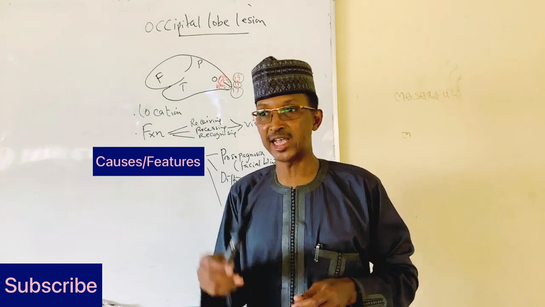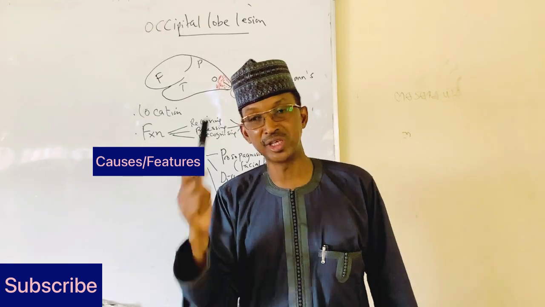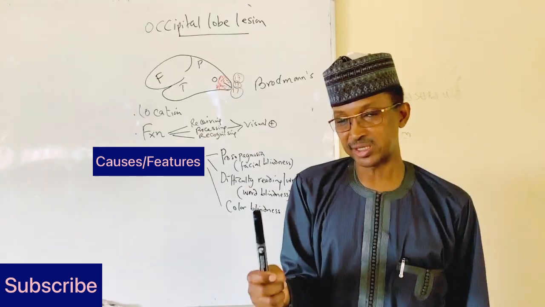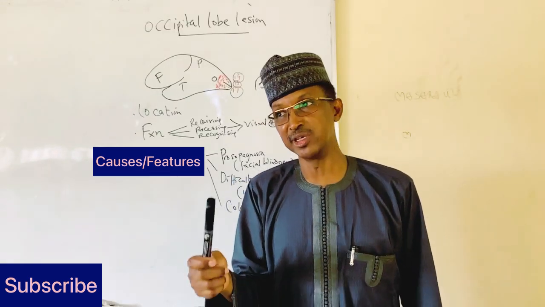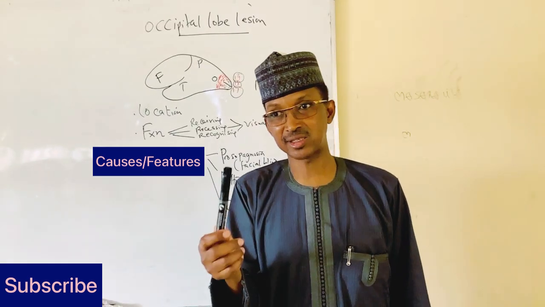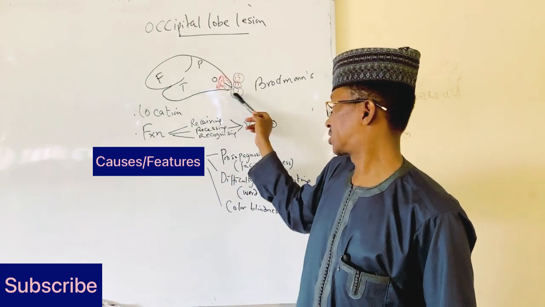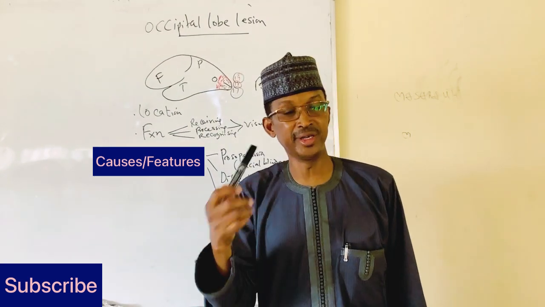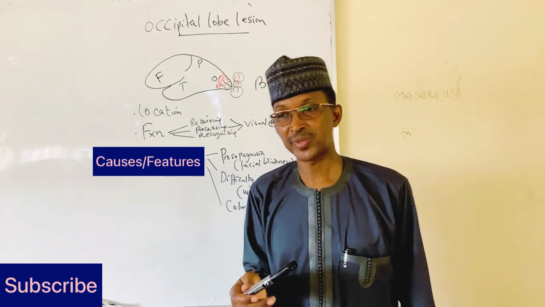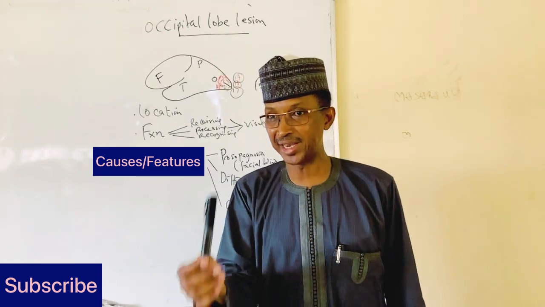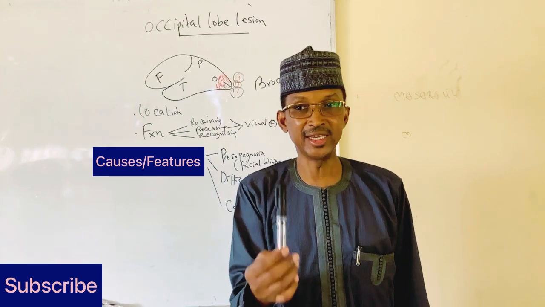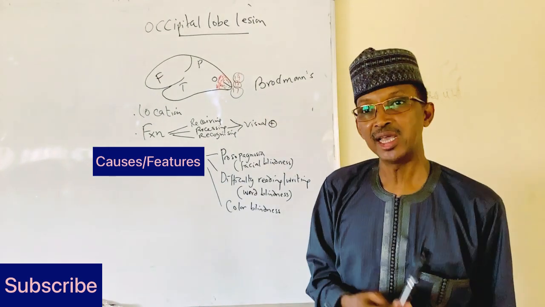For example, if I ask you, what is this? You see the image, you process it, you analyze it, and recognize that this is a marker. So within fractions of seconds, these areas have already done the needful. Area 17 received this image, 18 processed it, and 19 recognized that this is a marker.